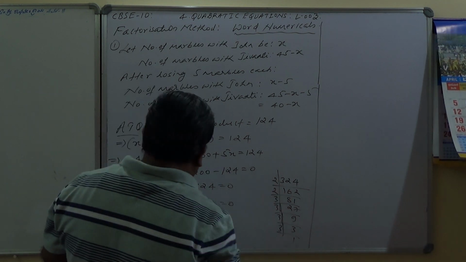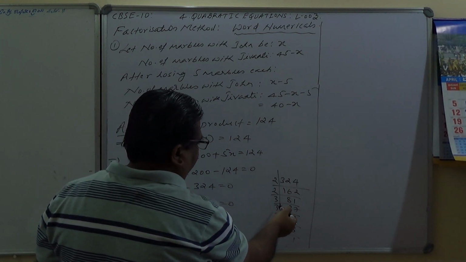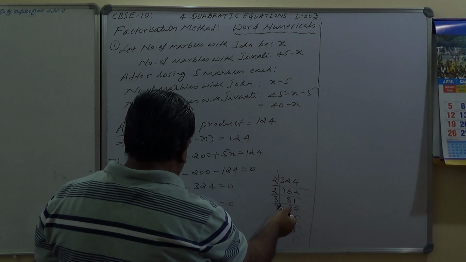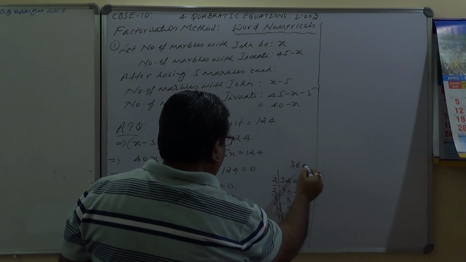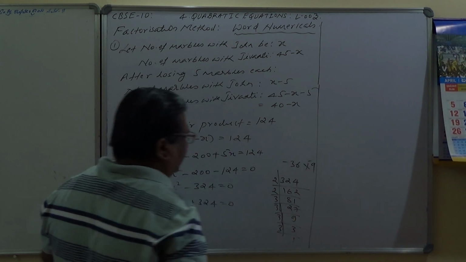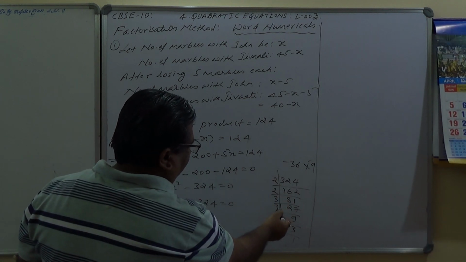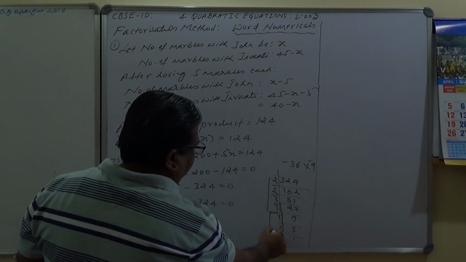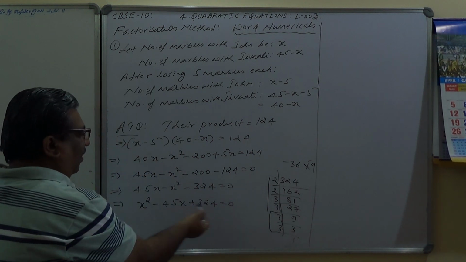So how do you obtain 45? 36 into 9. Minus 36 minus 9 is 45.